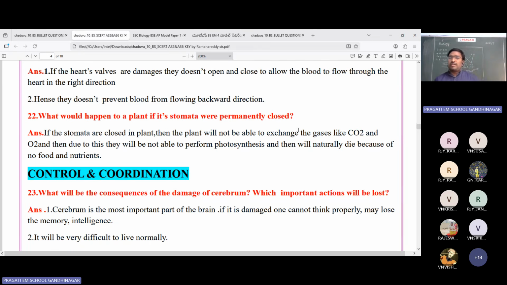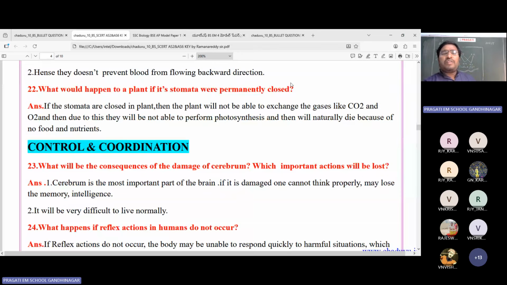It will not flow in the right direction. Hence, it does not prevent blood flowing in the backward direction. I mean, it cannot prevent the backflow. Okay, children? So the walls are very, very important for preventing the backflow of the blood.